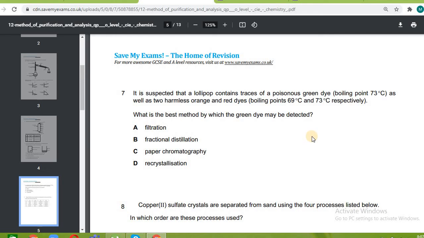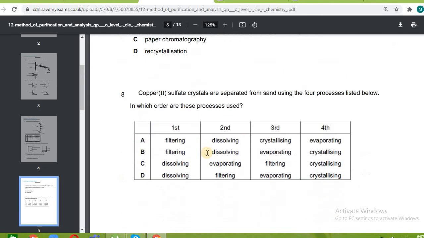We know from the application of paper chromatography that it is used to detect poisonous substances, check the purity, and separate the different components in blood or in some dye. As the word poisonous has been used and the dyes have to be separated, paper chromatography should be the correct method.